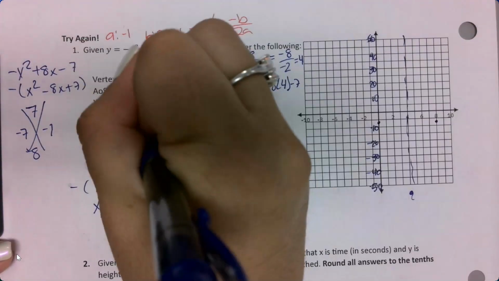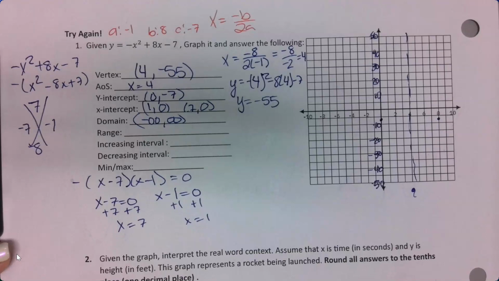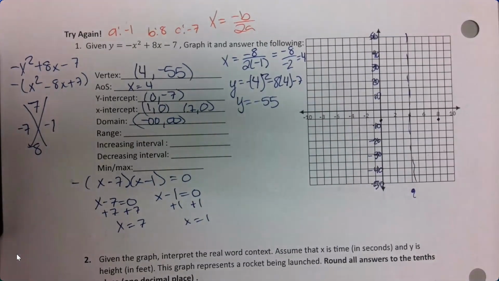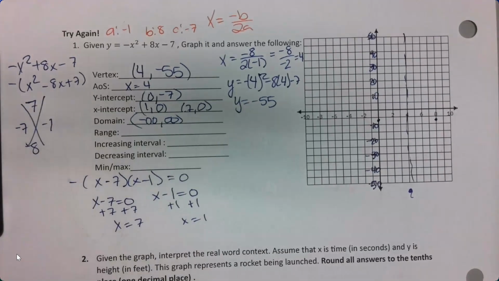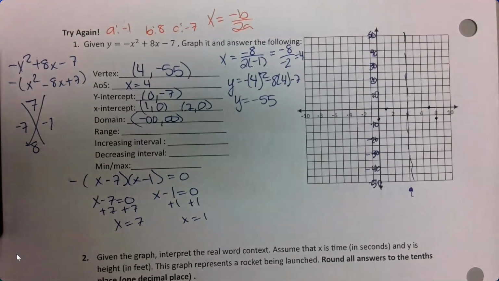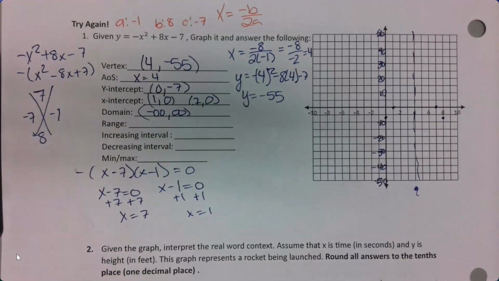My domain for all of my quadratics is always the same. It's always negative infinity to positive infinity. I want to go ahead and graph my x-intercepts. Hold on. I think I typed this into the calculator wrong.